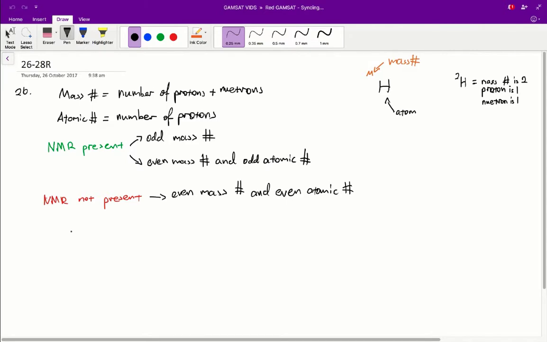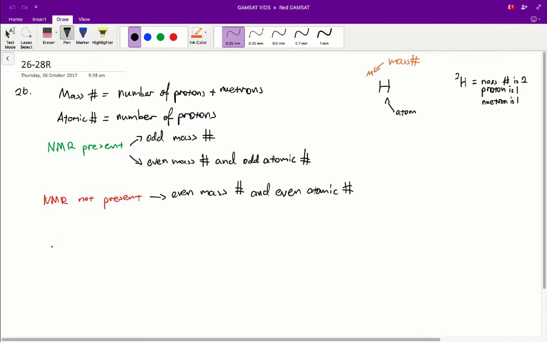Alrighty, so of the three isotopes of hydrogen, those that exhibit NMR are. So 2H does exhibit NMR because it is an atom with an even mass number and an odd atomic number. So basically, the mass number is 2 and the atomic number is 1 because it's hydrogen.